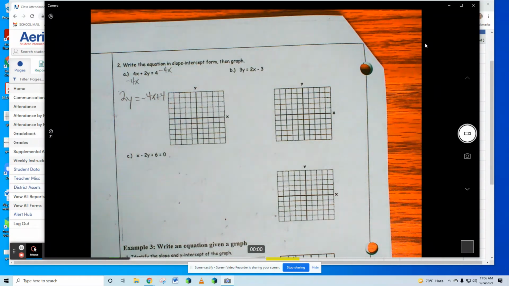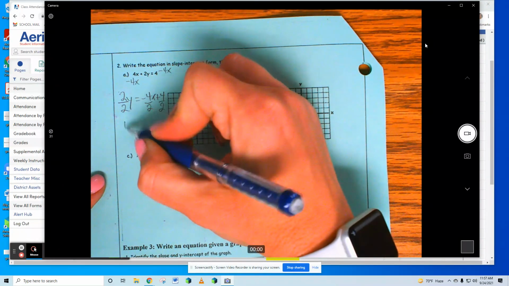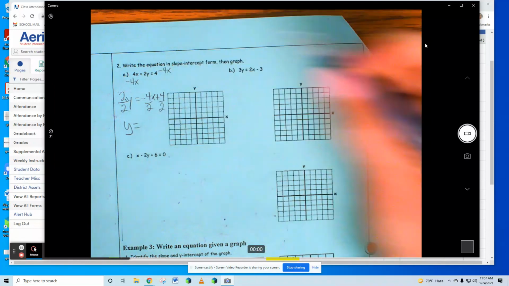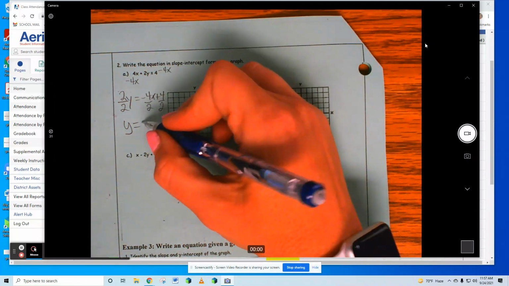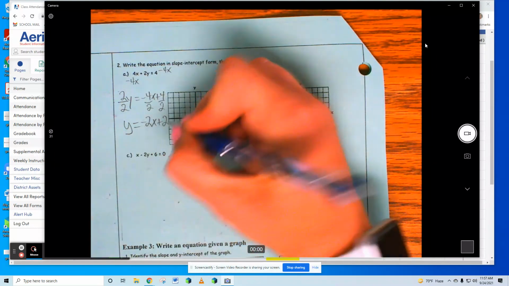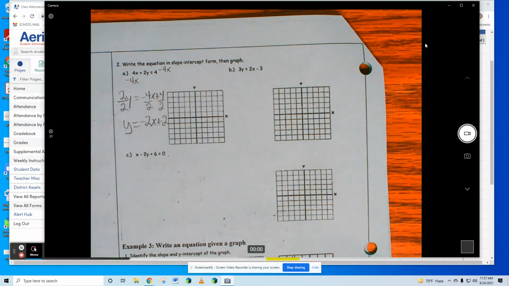Divide everything by 2. -4 divided by 2. -2x plus 2. And you can graph it on your own. Let's go to B.